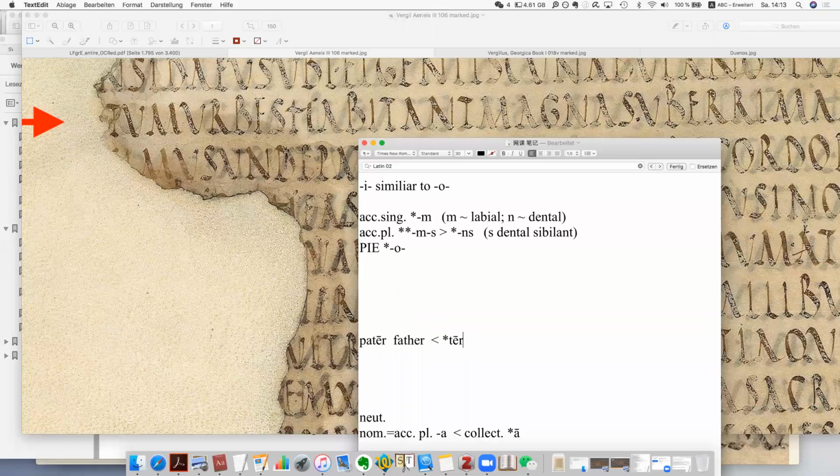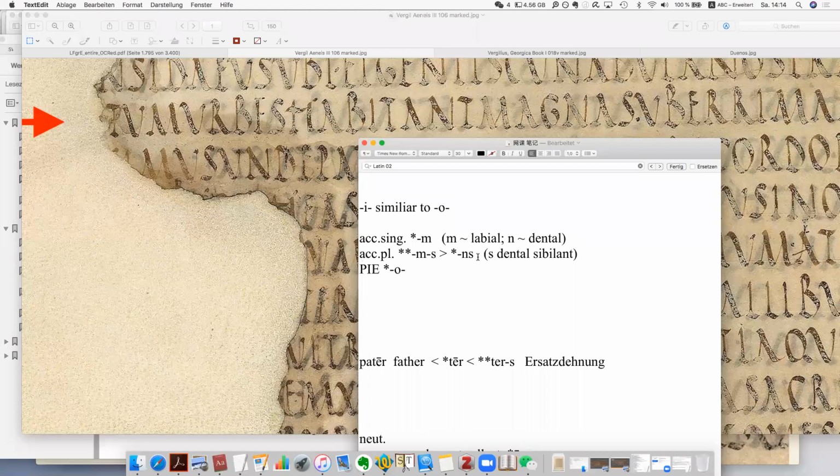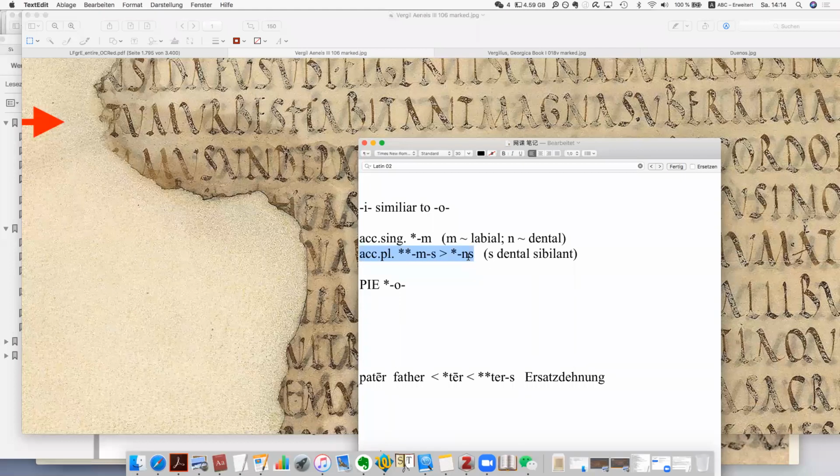Of course, goes back to ter, but ter goes back a little bit even further to S. So ters becomes ter because of the Ersatzdehnung, right? I assume that you know the German word Ersatzdehnung. Okay, so this is actually the logic. The accusative plural is actually NS.